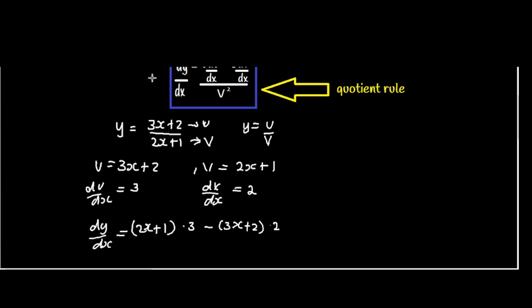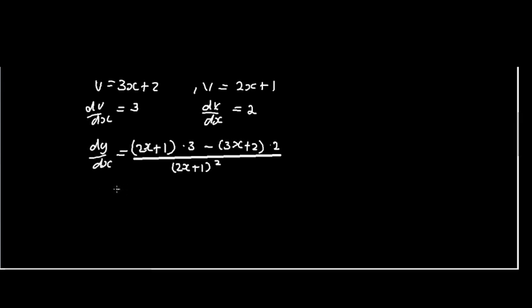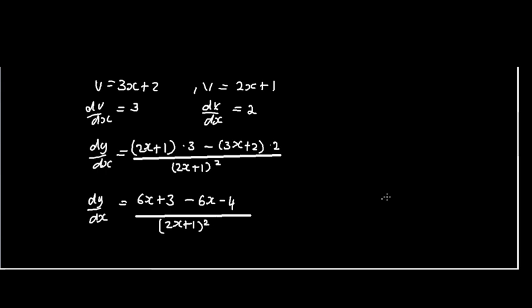The whole of this expression is divided through by v squared, which is 2x plus 1 squared. Then you can simplify this, and on simplifying we shall remain with dy dx equal to 6x plus 3 minus 6x minus 4, the whole of this divided by 2x plus 1 squared.